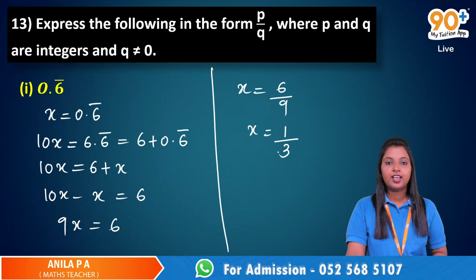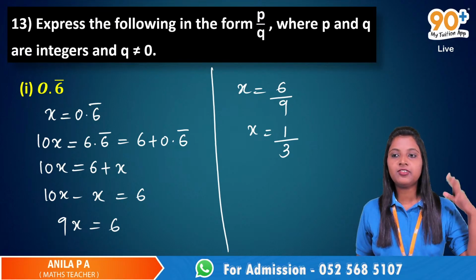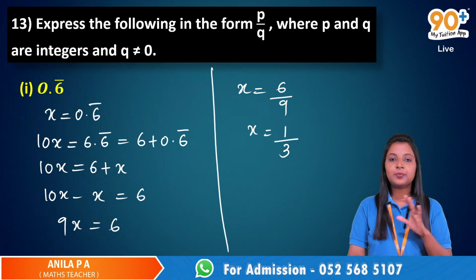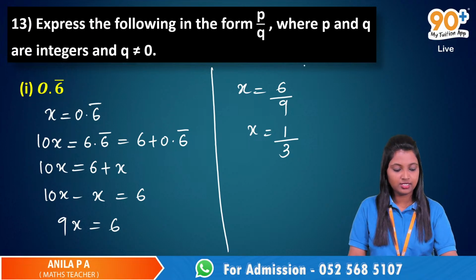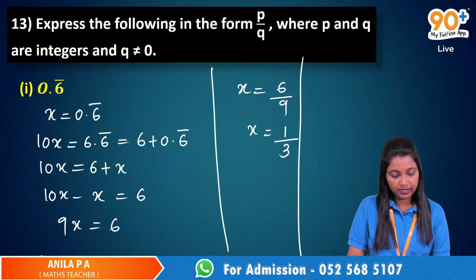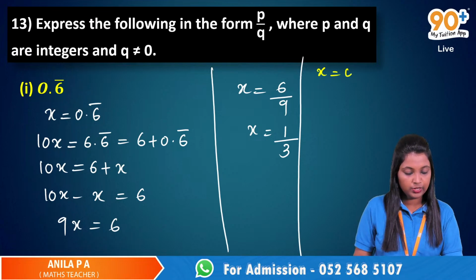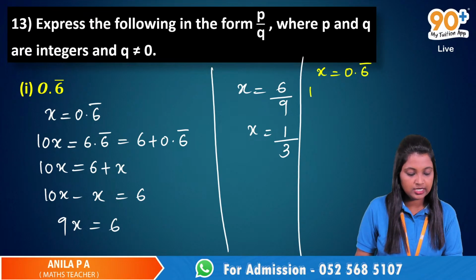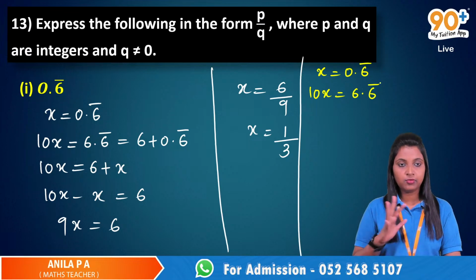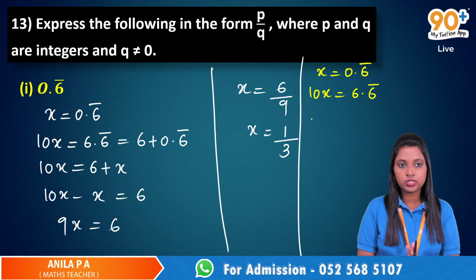Okay. Yeah, okay, so are you guys confused about this? He just split it, okay? Let me write the other step here. We take x is equal to 0.6 bar and 10x will be equal to 6.6 bar. Usually we follow this, but this method is also correct, okay?